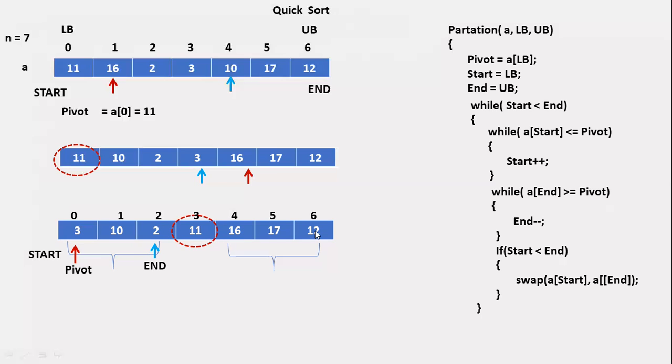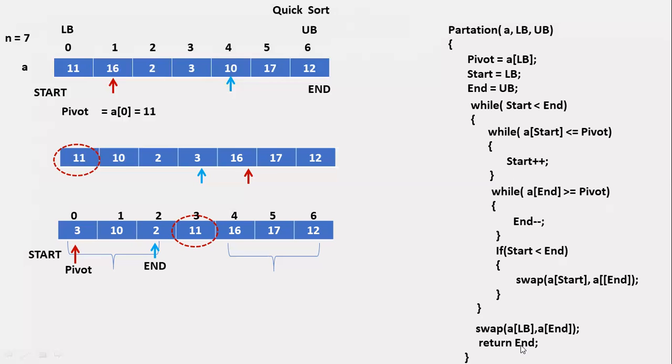So we have to swap A of LB with A of end. So we write swap A of lower bound comma A of end. And after that what we have to do is we have to return the end value. So here if you see, after swapping, I am returning the end value.